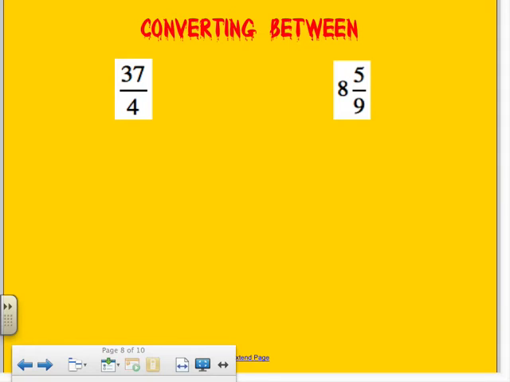All right, so go ahead and pause it and try turning this improper fraction into a mixed number and the mixed number into an improper fraction. Then hit play to check your answers. All right, so remember this means division, so 37 divided by 4 goes in 9 times with 1 left over, so that's going to be 1 divided by 4 left over. So 37 over 4 is 9 and 1/4.